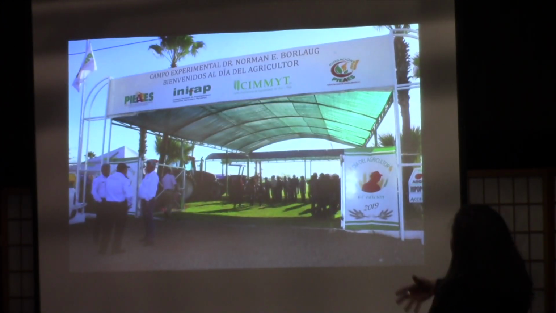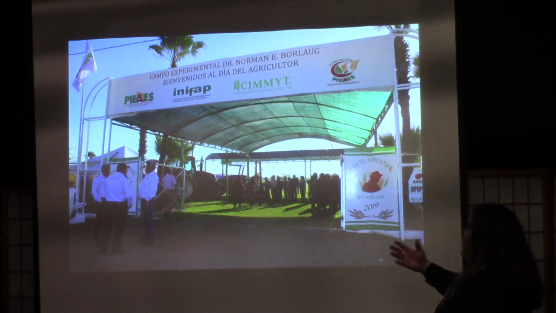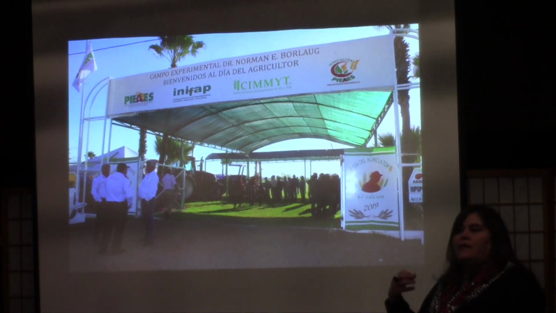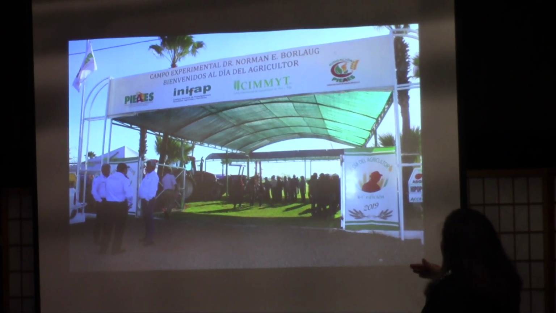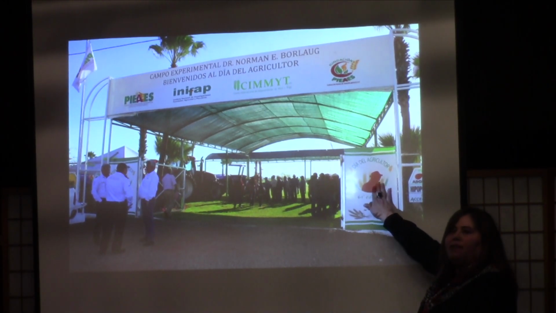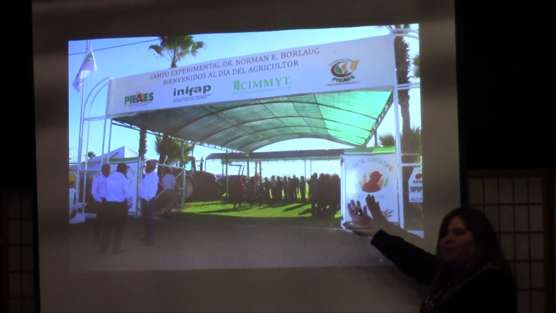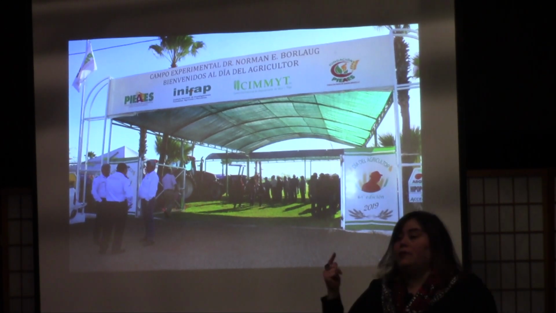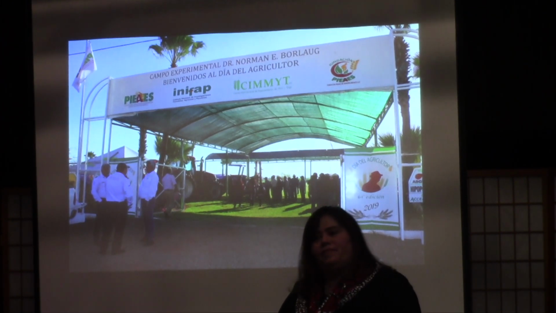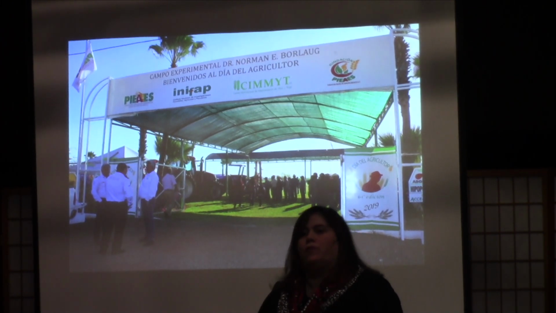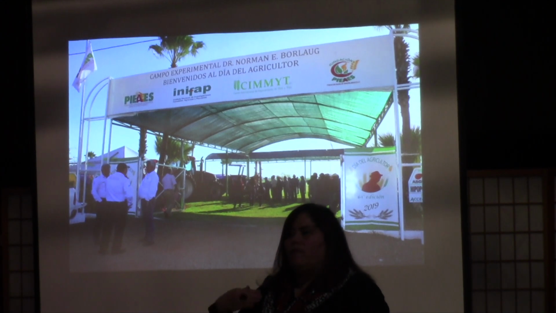And every year, they have this extraordinary field day called the Day of the Agricultor, or Day of the Farmer. And it's the shadow of Norman Borlaug. It's very difficult to get outside of the very benevolent. He's beloved. And every memory from all the farmers and from the scientists speak of what an incredible human being he was.